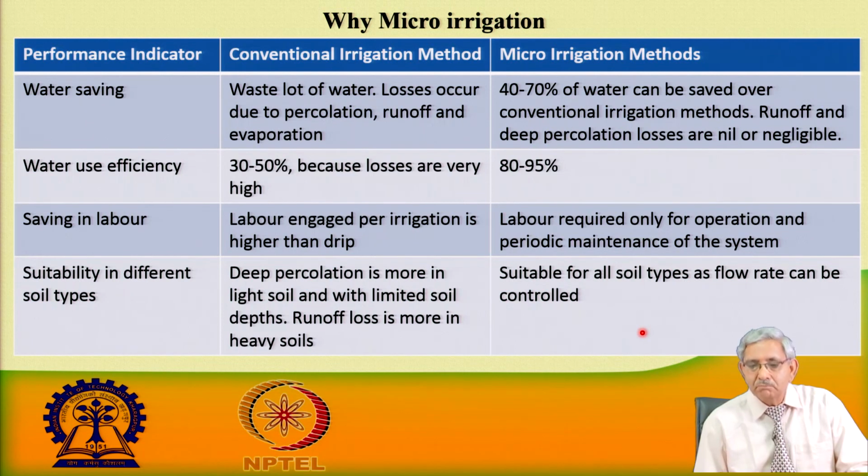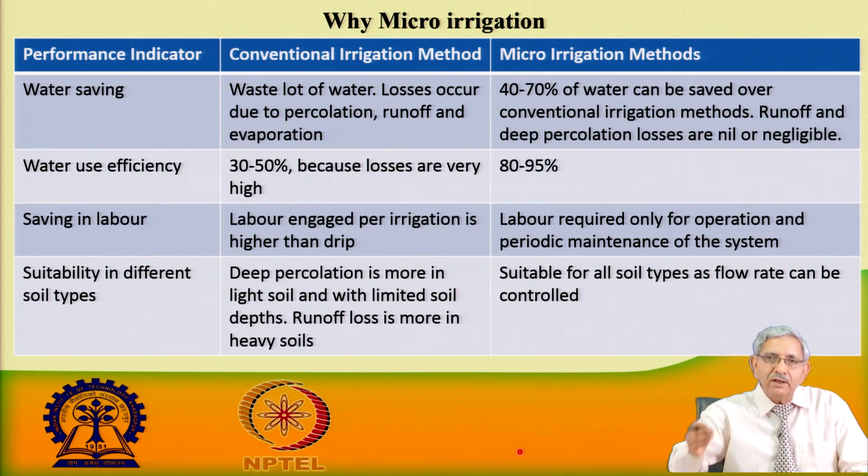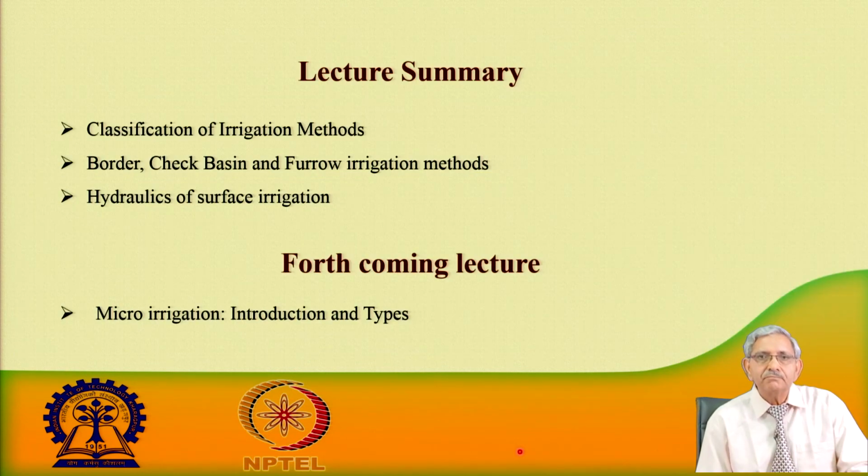Also, in conventional irrigation, water takes time to reach the end of the field, whereas in micro irrigation the entire field can be brought under irrigation almost instantaneously. So, in a shorter period we can complete the irrigation process as compared to surface irrigation.